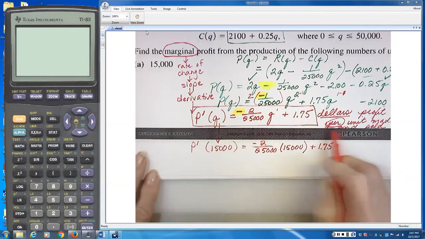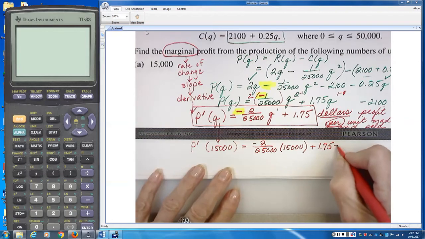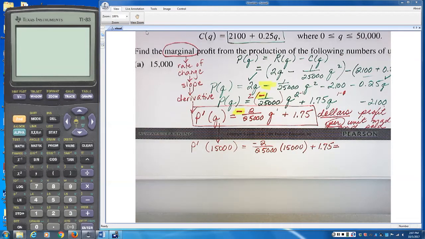Before we tack on this part, we'll go ahead and do the arithmetic. And be very careful that you do the arithmetic in the right order here. Be careful how you enter it. Be sure you put your fraction in parentheses so it does that first.